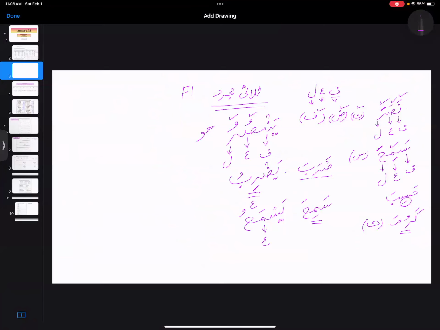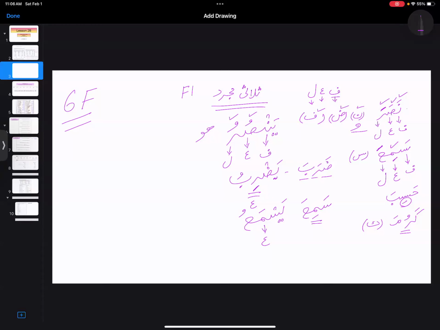So in Thulathi Mujarrad, we are going to learn about 6 families, 6 bab, right? And these 6 bab are bab Nasara. When I say Nasara, it means that the middle root letter is going to take a Dhamma.